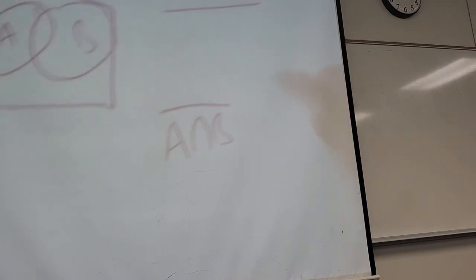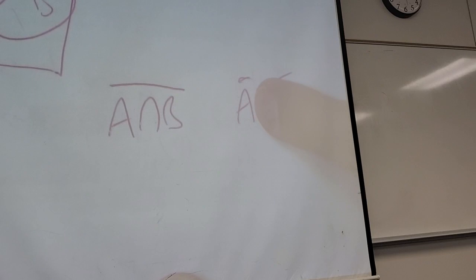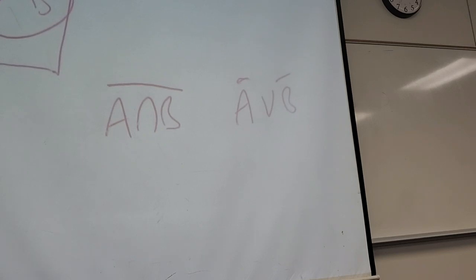And if you think about it, what does this mean? That is everything that is not in A or not in B. They give you a very specific concrete example to work on, but you can actually think of this without any concrete example.